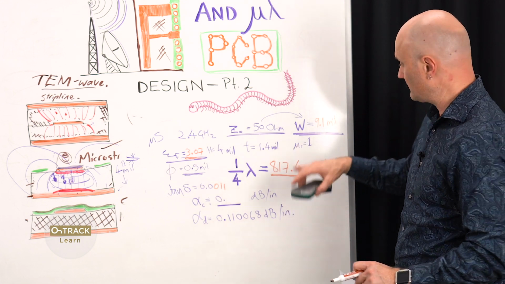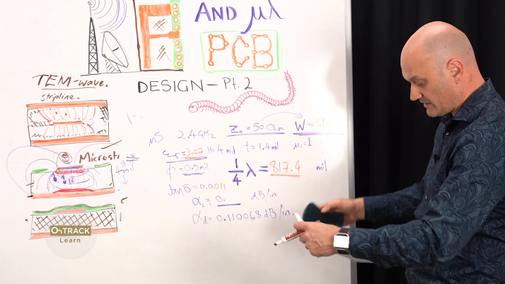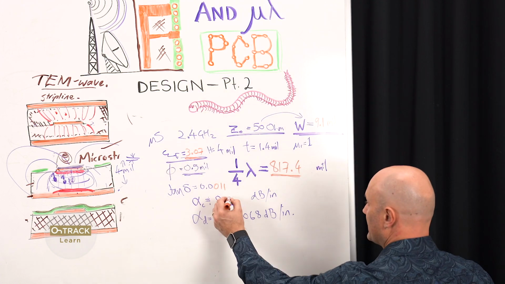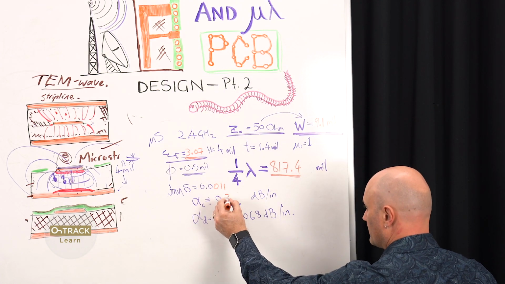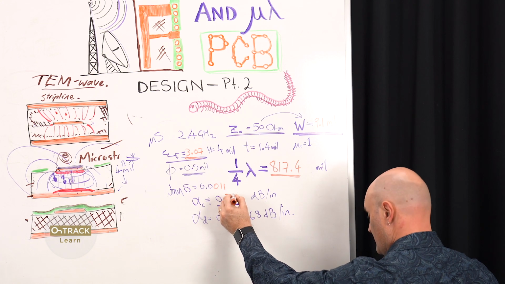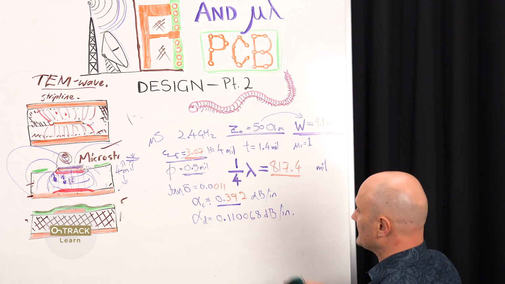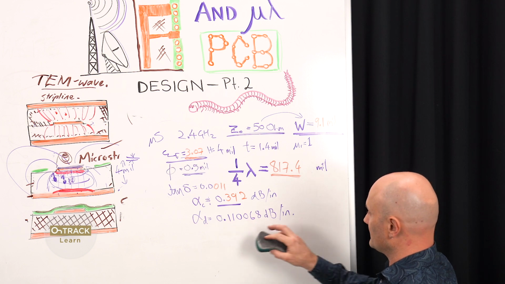The conductive loss goes down because we get a wider trace. Okay, so conductive loss here is now a little bit less at 0.392-ish dB per inch. But really where there's a huge difference is the dielectric loss.